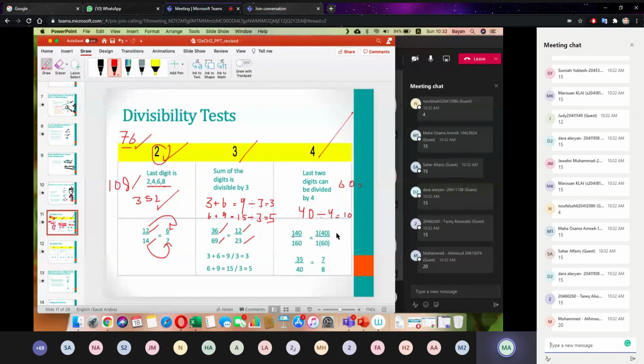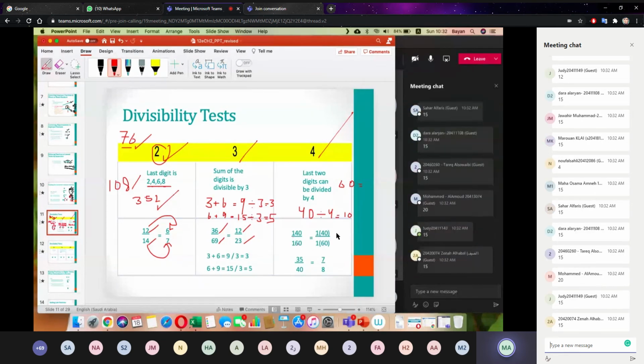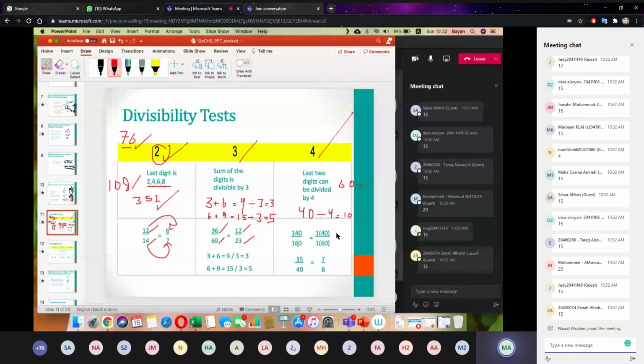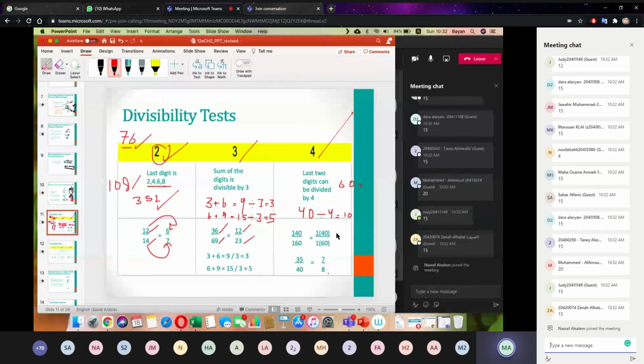So 140 we can divide by 4, and 160 we can divide by 4. If you divide 140 by 4 it gives you 35, and if you divide 160 by 4 it gives you 40. Then you reduce it to the lowest term, which gives you 7/8. Is that clear?